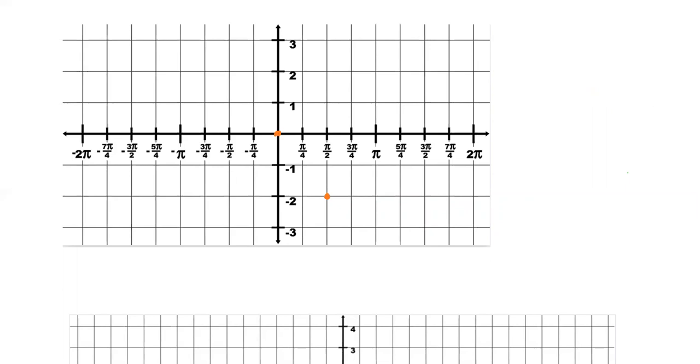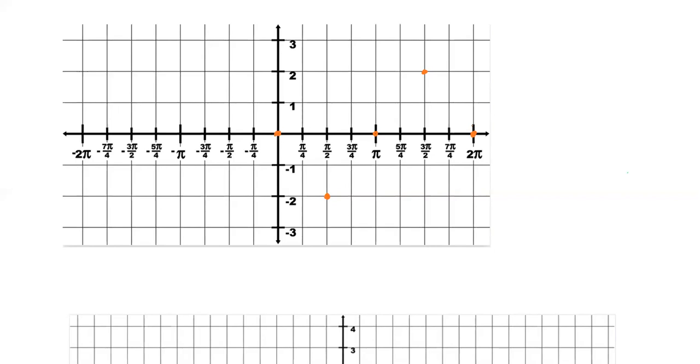Then we have pi and 0. 3 pi over 2 and 2. 3 pi over 2 goes all the way up to a 2. And then we land back at 0 on 2 pi. As you can see, this time the graph is stretched vertically because the amplitude was not the standard 1 or -1.